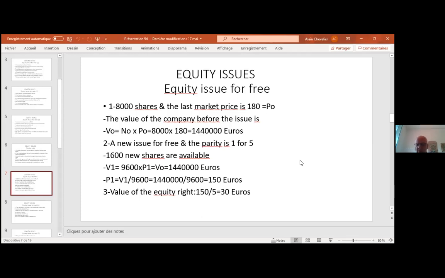It means that for 5 old shares, we issue 1 new share. This is the classical presentation of an issue. So 1,600 new shares will be distributed among the original shareholders. And of course, there is nothing brought to the firm. There is no new cash.